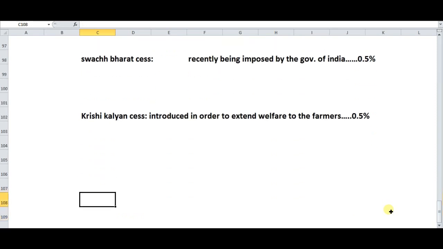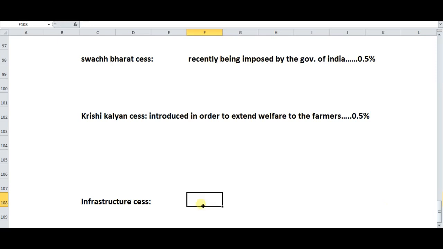Like the way infrastructure cess, which is recently introduced in budget 2016, is broadly categorized into three slabs.